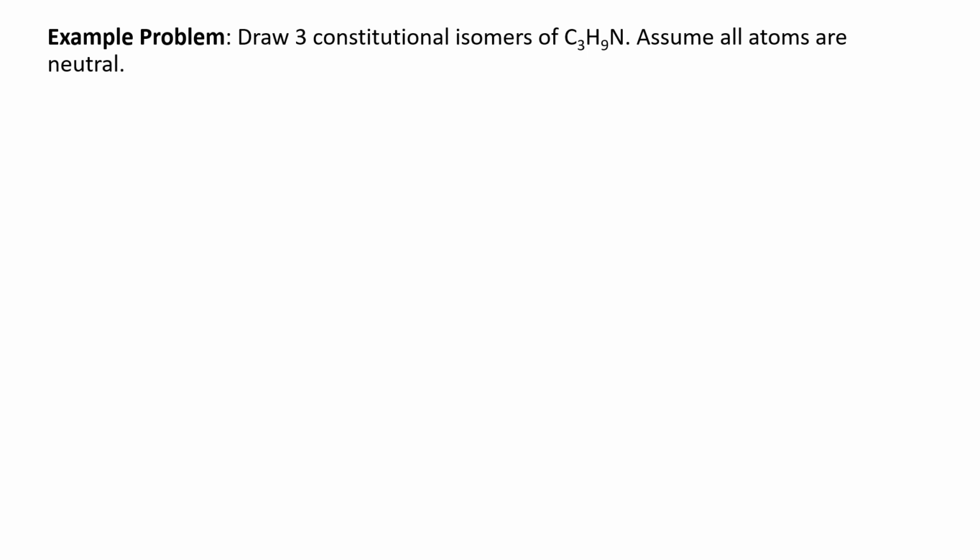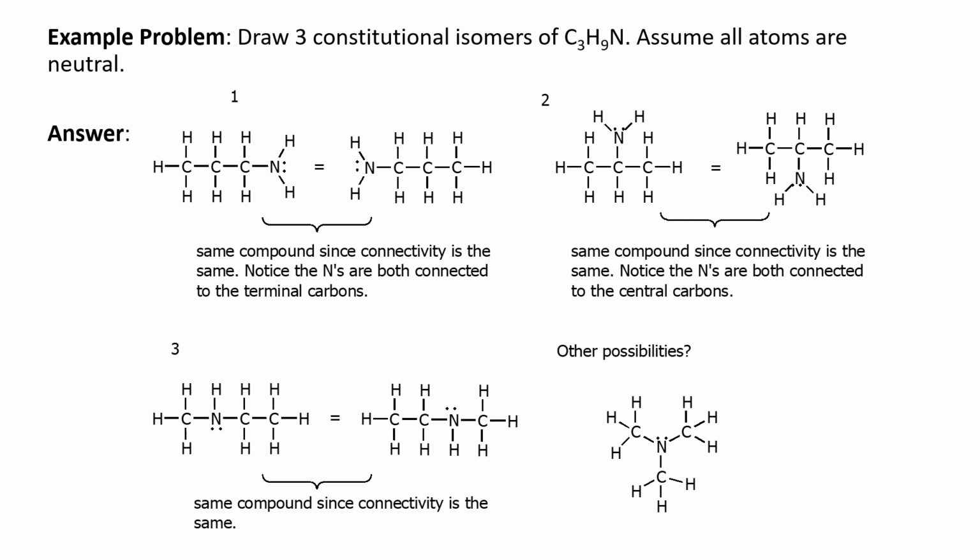So once you've tried these, I'm going to show you all of the isomers that I came up with. So to begin, I typically like to string them. Let's look at number 1. I like to string all of the carbons together and then put any heteroatom, or non-carbon, non-hydrogen atom, on the end. So we have 1, 2, 3 carbons in a row, and I put the nitrogen on the end.